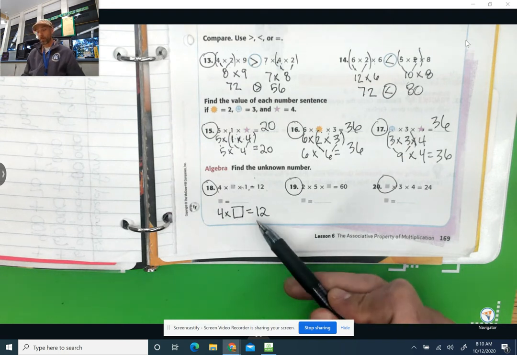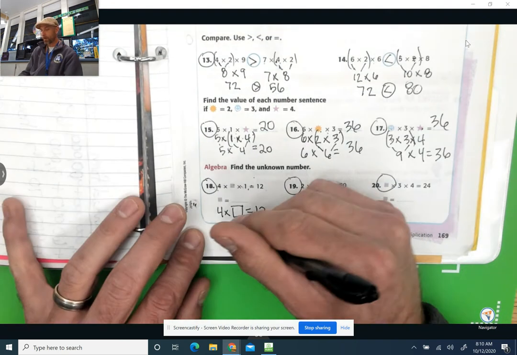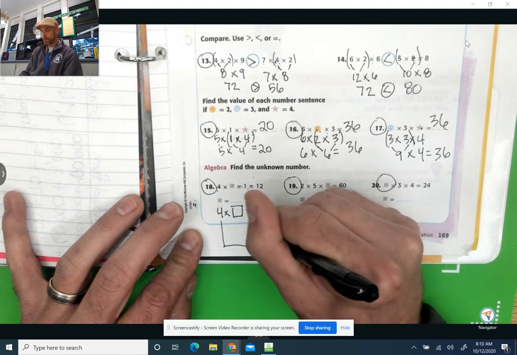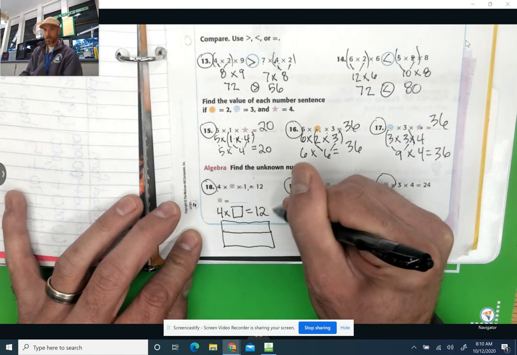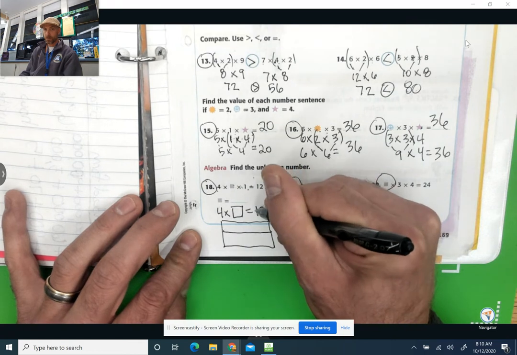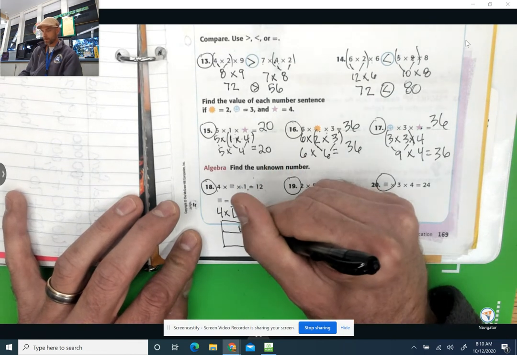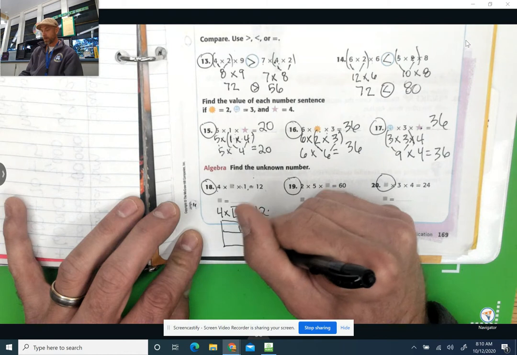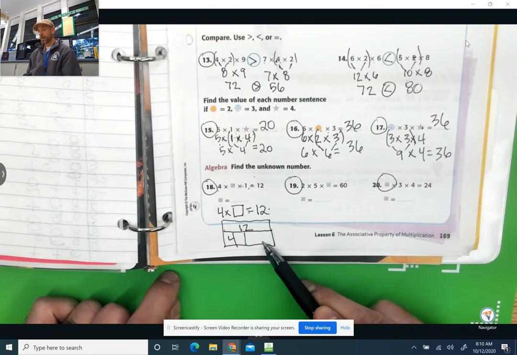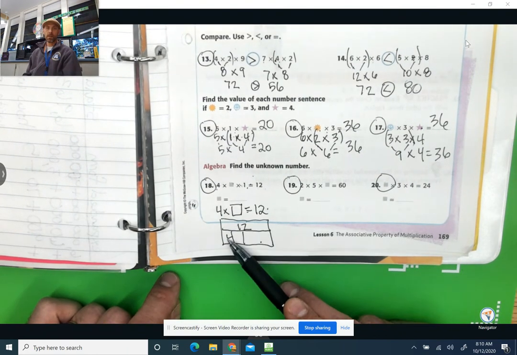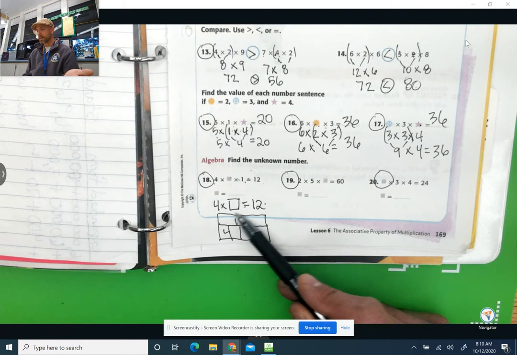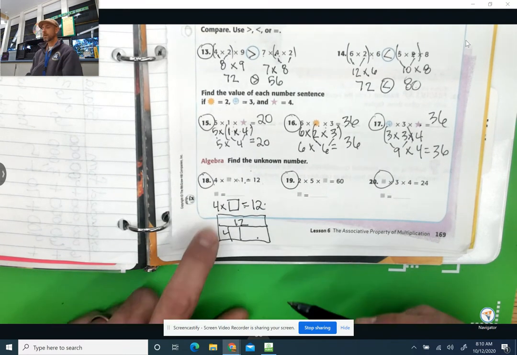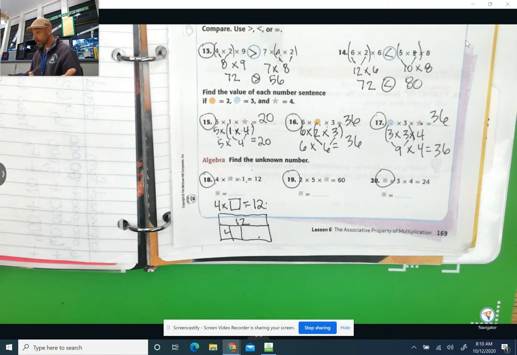Now you have a part whole. Right? If you imagine your part whole diagram, you know you have your whole when you got your single number right over here in the equal sign. The answer, right? That's your whole. 12, and then your part. You don't know the other part. When you have a whole and you have a part, that means divide to find the missing factor. 12 divided by 4, or what's the missing member of the fact family?